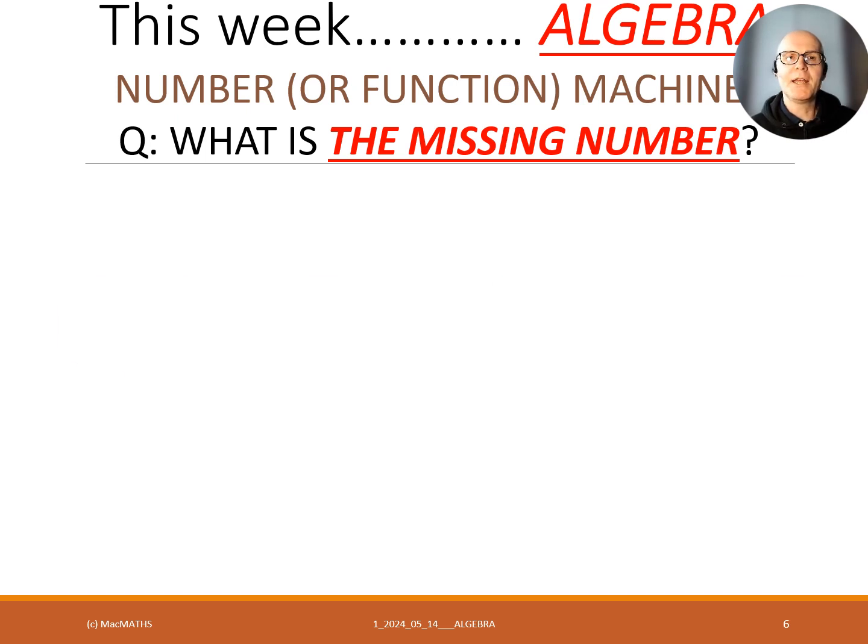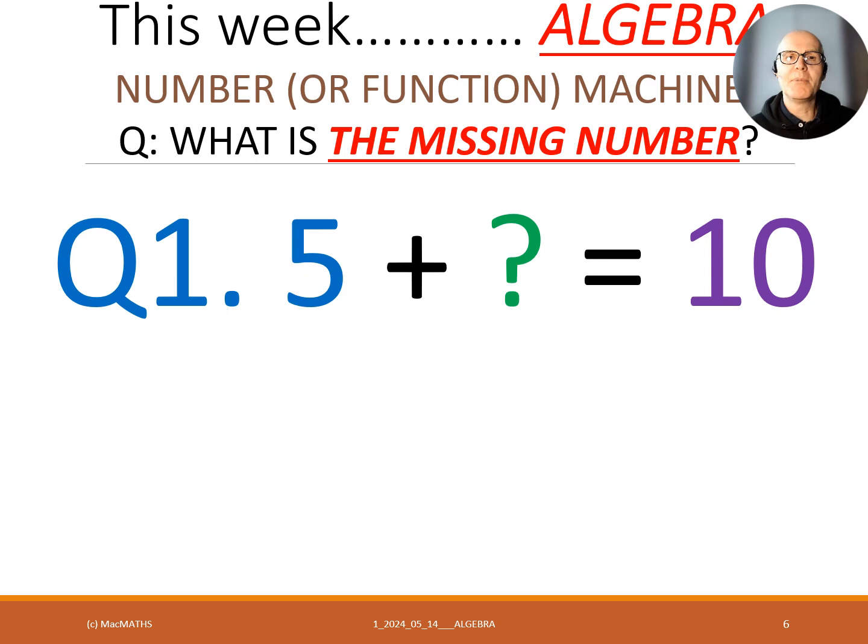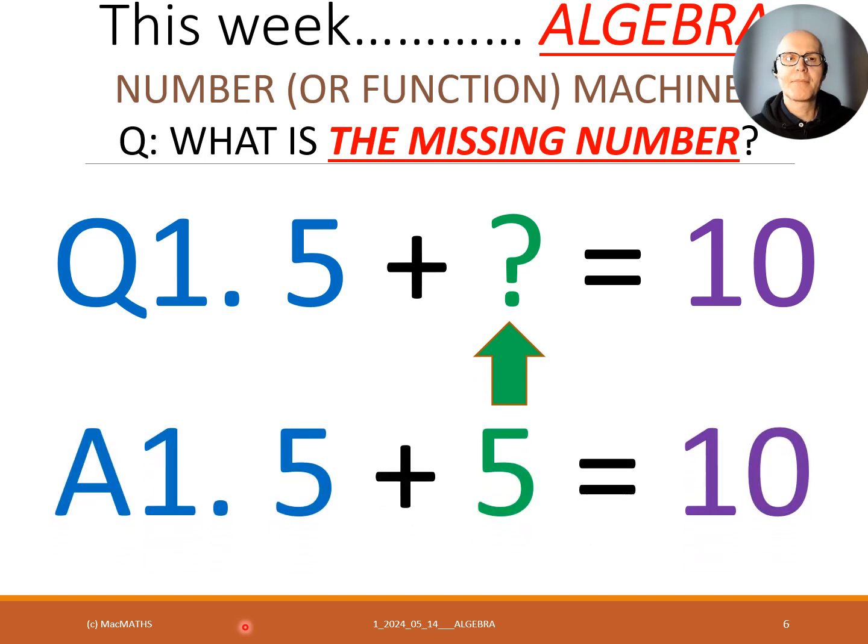What's the missing number in this number machine? 5 plus what equals 10? It's 5 plus 5. The missing number is 5. 5 plus 5 equals 10.